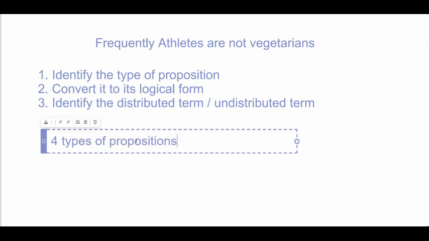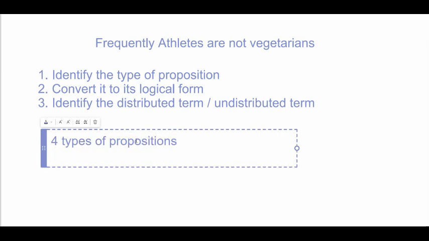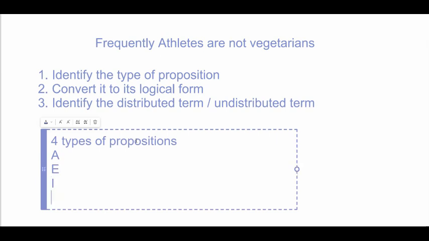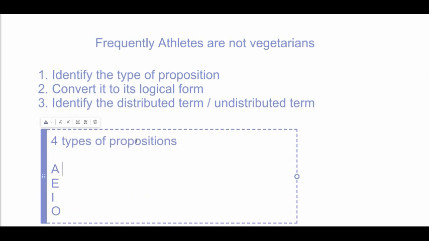There are four types of propositions. They are stated as A, E, I, and O. These are the four different types of propositions and they cover all types of statements.